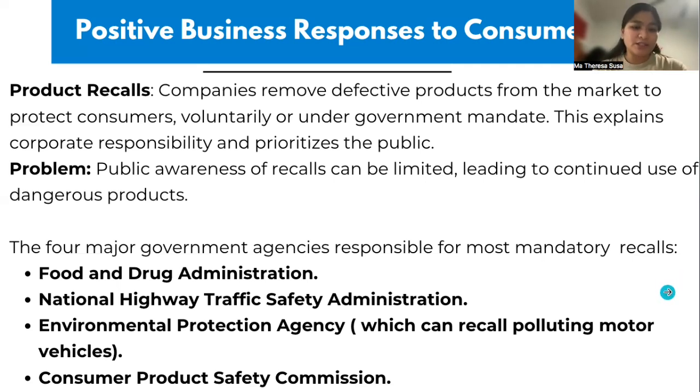The Environmental Protection Agency handles vehicles and products harmful to the environment. The Consumer Product Safety Commission manages recalls for consumer goods like kids' toys, electronics, and appliances.